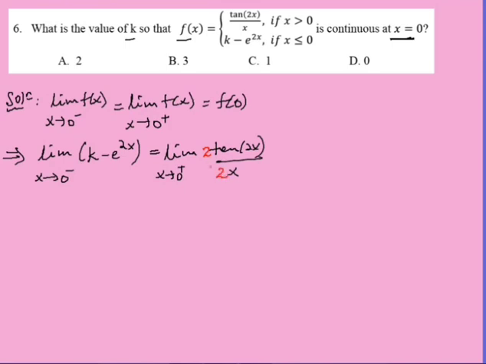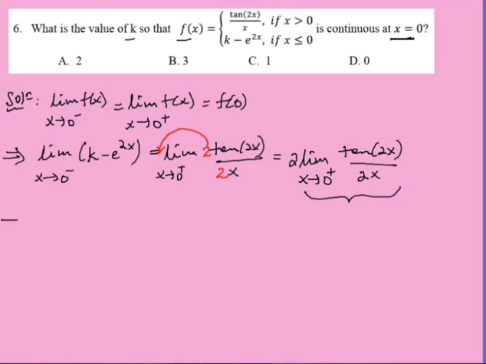Without loss of generality, we can do this, because these two can be cancelled out. Taking these 2 here, I can write this expression as 2 times the limit of tan 2x over 2x as x approaches 0 from the right. Now, this limit is 1. You can substitute 1 here.